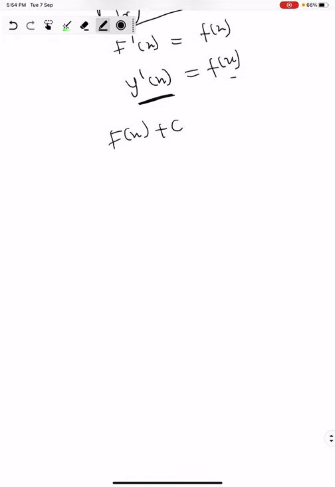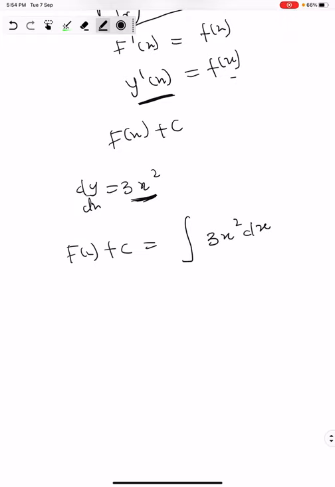Let's look at an example. Given that dy dx is equal to 3x squared, the solution is given by the antiderivative of this function. Remember, another way of writing the antiderivative of f of x is the integral of that function, 3x squared dx.